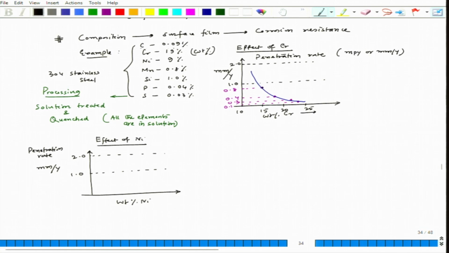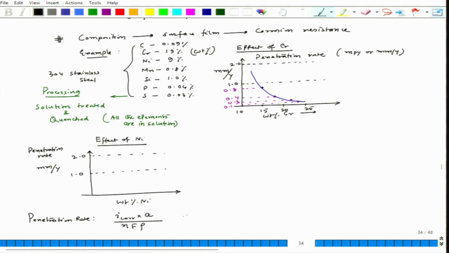In fact, if we do polarization, we will see the equation would be penetration rate would be equal to I corr into A, which is atomic weight, and then N, which is the number of electrons participating for converting 1 mole of metal into its ion, F is 1 Faraday, and rho, which is basically the density of the material.